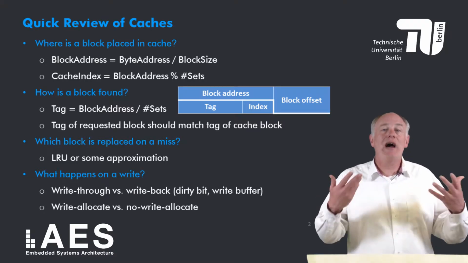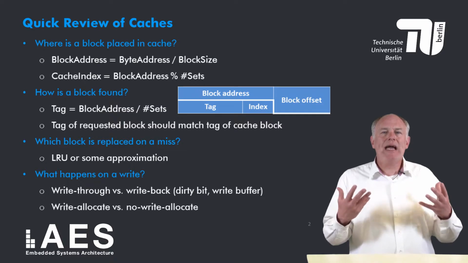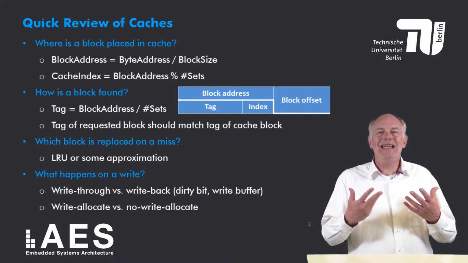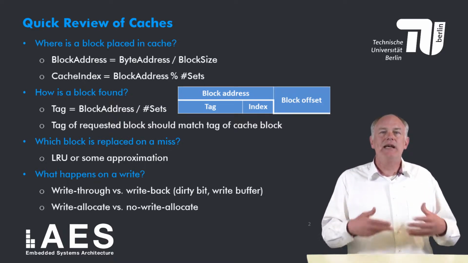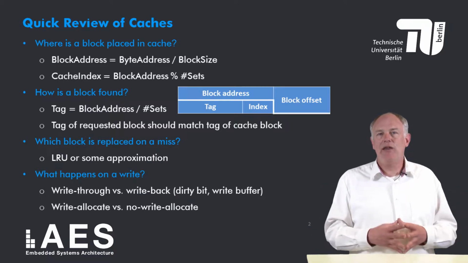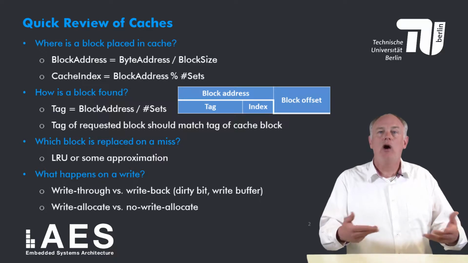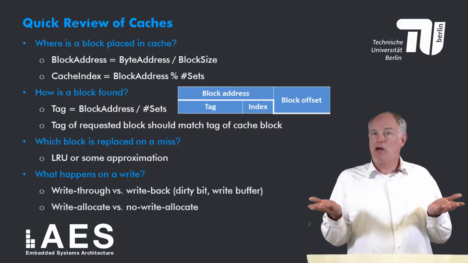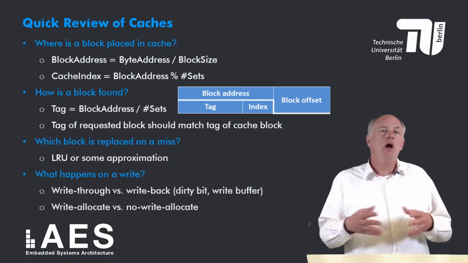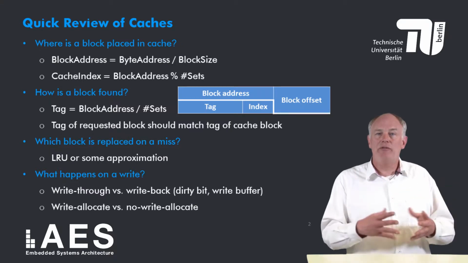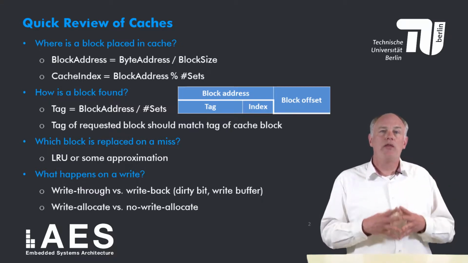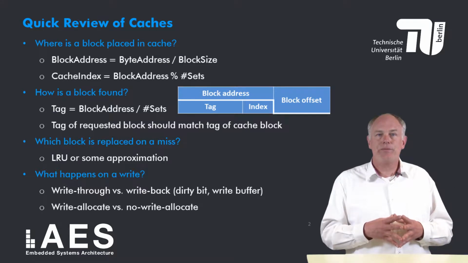This is called write back. Write back caches have dirty bits that indicate if the block has been written since it was loaded in the cache. If it is set, the block needs to be written back, otherwise not, since the memory copy is still up to date. Both caches have a write buffer in order not to stall the processor on a write.